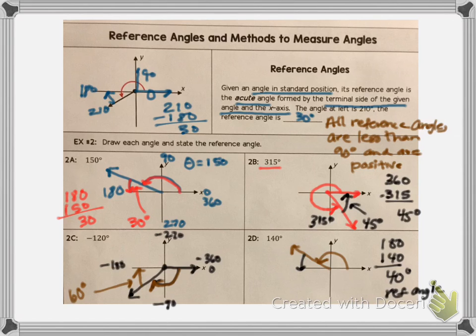Okay. And I think I've drawn a reference angle in about each quadrant: the fourth, second, and the first. So let me put an example on the next page. All right, so a reference angle for an angle in the first quadrant.